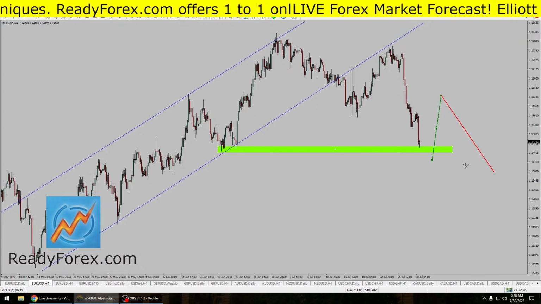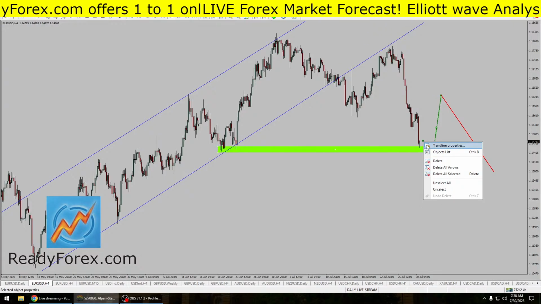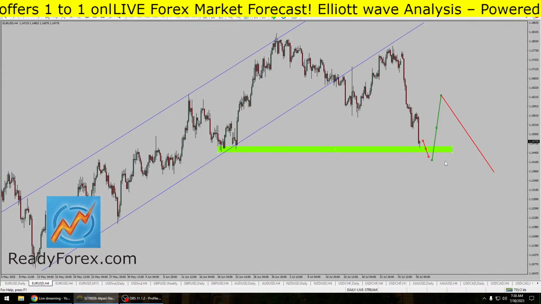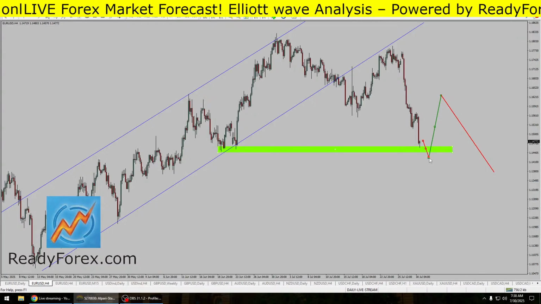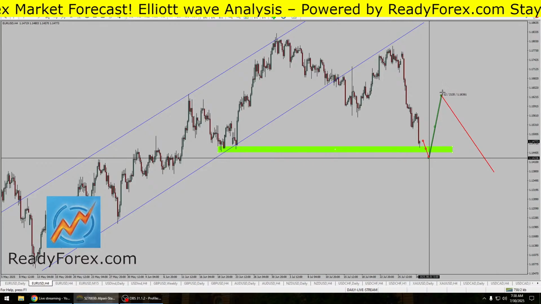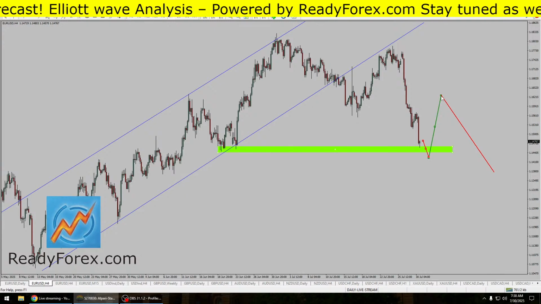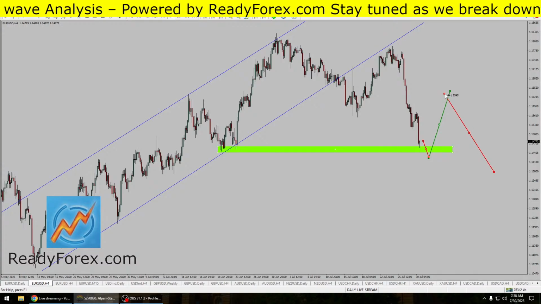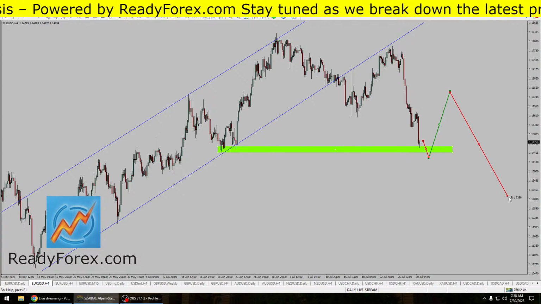What I mean by that is the market tries to drop a little bit more, just a little bit, when everyone starts thinking that it's no more a bullish market, we're most likely going to get a quick bullish leg inside the euro dollar currency pair, probably on Friday. Okay, so this is the kind of move I'm expecting.